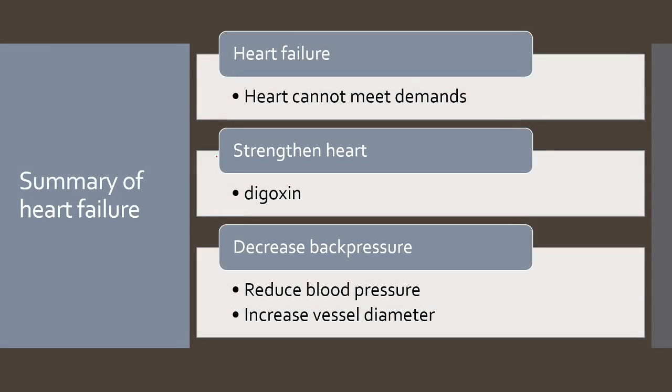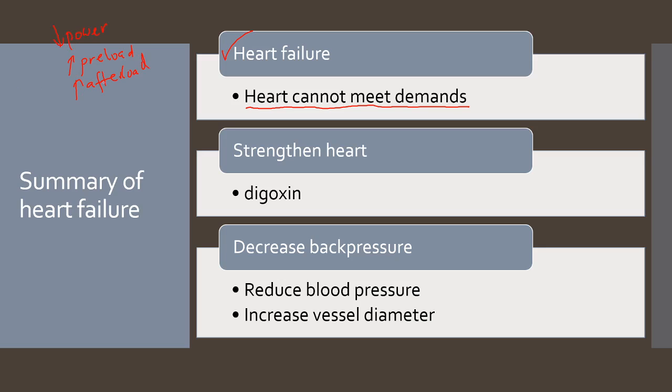So then what have we learned? We've learned that heart failure is a situation where the heart cannot meet the demands of the body. It's caused by either too much preload, too much afterload, or a loss of power from the heart.